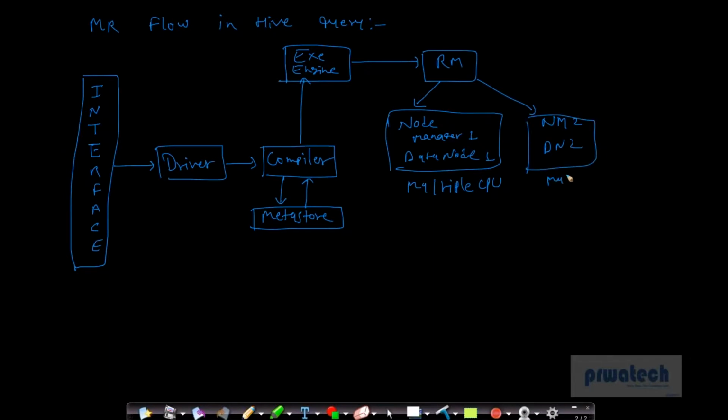Again, they have some multiple CPU processing it, going back to execution engine, to compiler, to driver, and getting output here. Now, one difference only in TEZ. Last time also our 90% query was right, and only the difference is this interface I'm running in page interface. They're also doing the same thing.